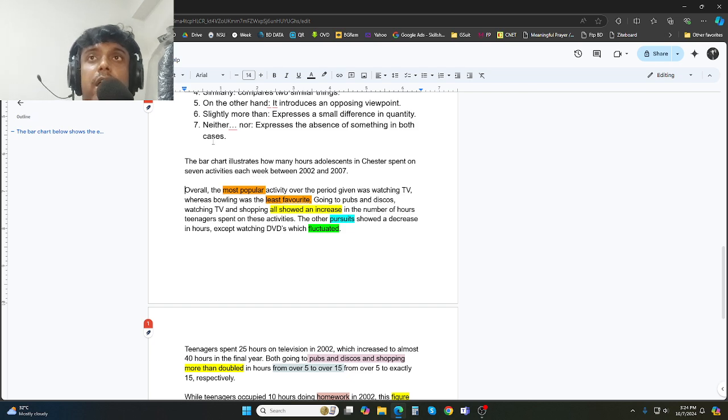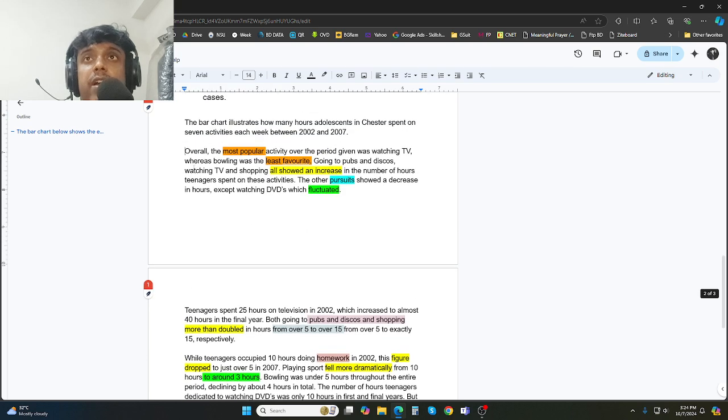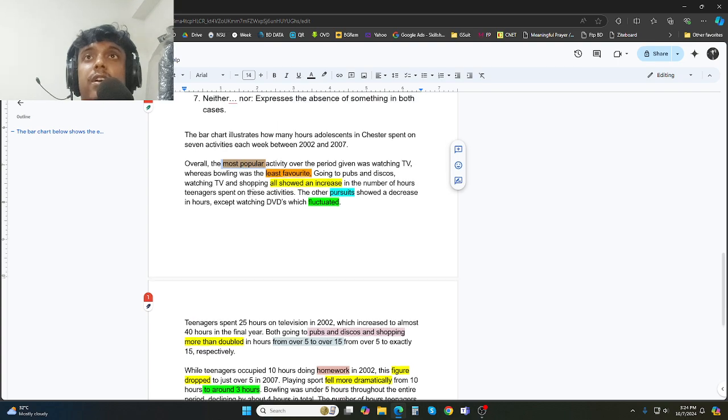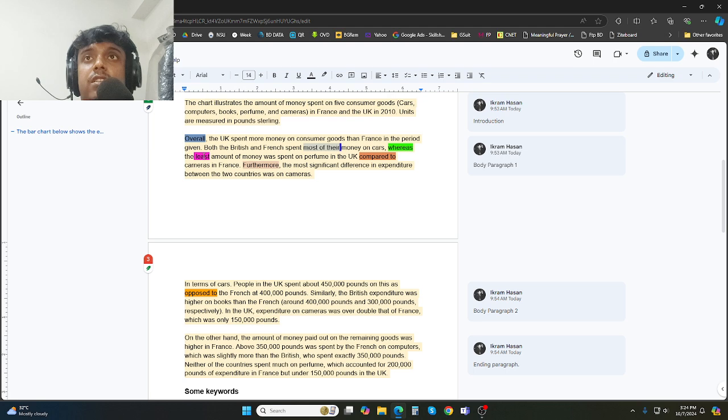So I do not have the chart with me right this moment, but let me go through the paragraph. Overall, the most popular activity over the period of time was watching TV. So over here, the most popular, we can see in the first writing task, the first overall, the UK spent more money on consumer goods.